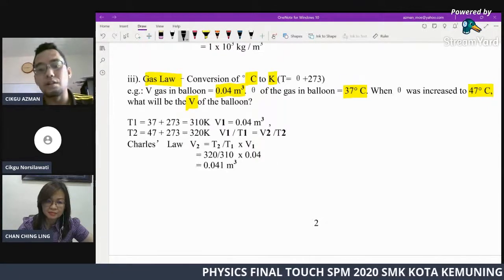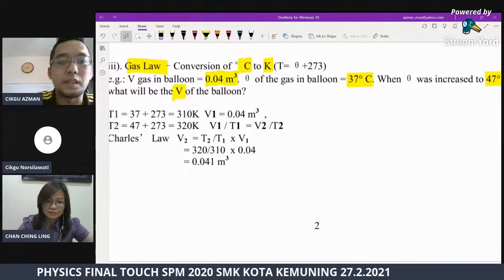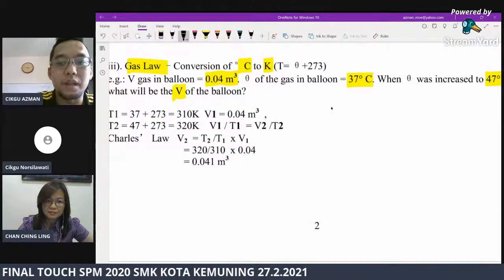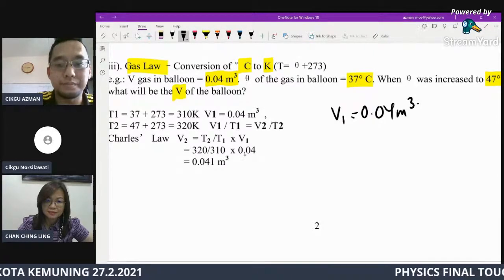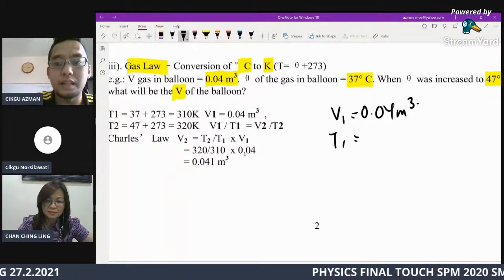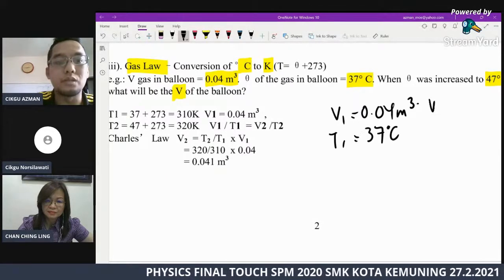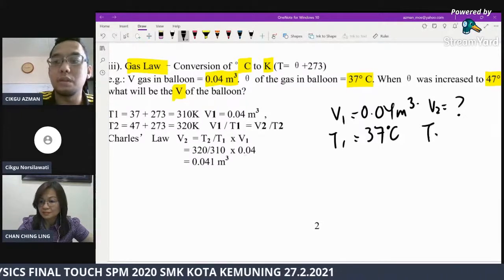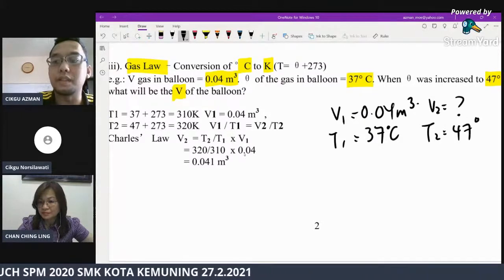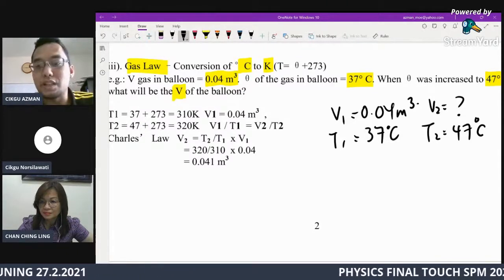Which law involved? Okay, list down dulu. We list down all the information. We have V1 0.04 meter cube. We have T1 37 degrees Celsius. We want to find V2. We have T2 47 degree Celsius.